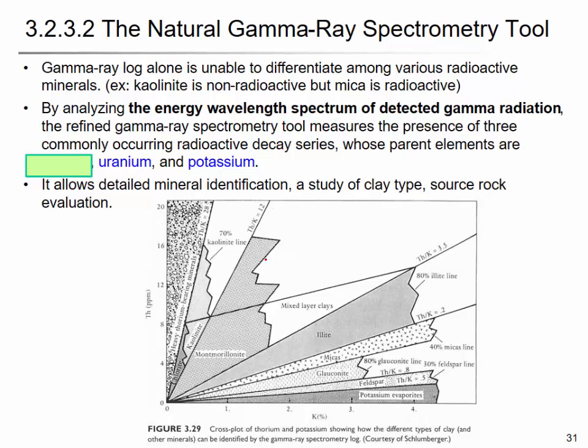From that, you can find out the ratio between thorium, potassium, and uranium. So thorium, uranium, and potassium are the parent elements providing the radioactivity. By measuring the radioactivity from these three elements, you can find out the mineralogy of the formation.